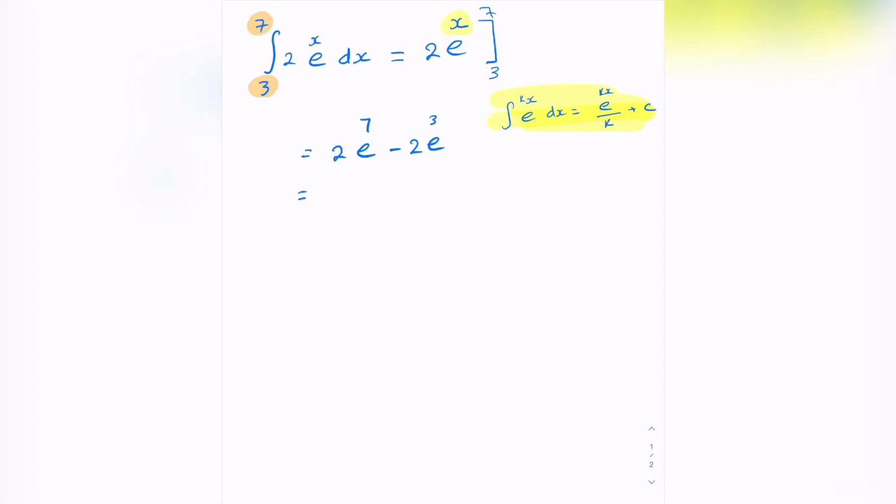And this will be 2, take it as a common factor, e to the power 7 minus e to the power 3. So this is like an exact solution.